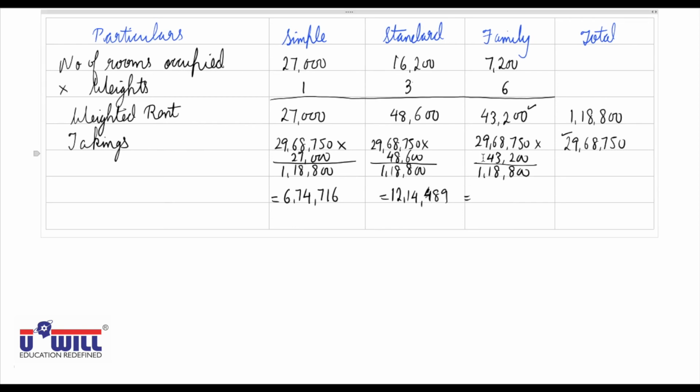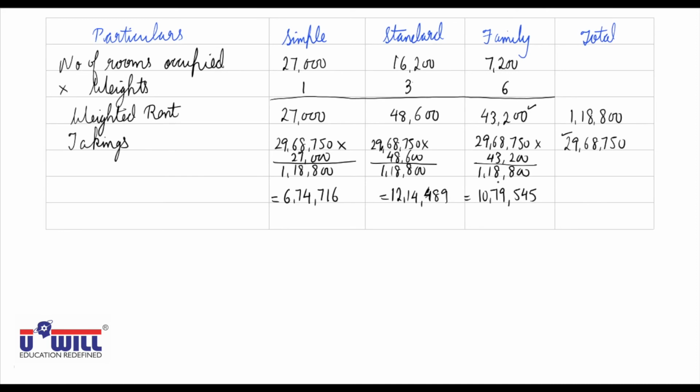And then last one, simply press 43,200 equal to. 2968,750 divided by 118,800 into was already done. So you simply press 43,200 and equal to, you must get 1079,545.45, so you'll round it off to 545 only.